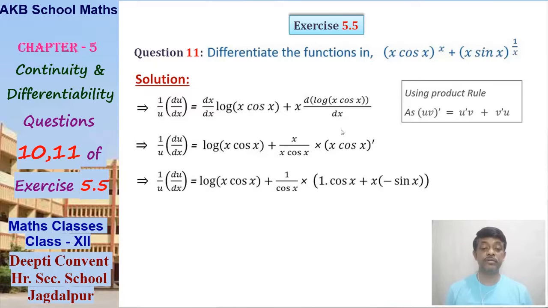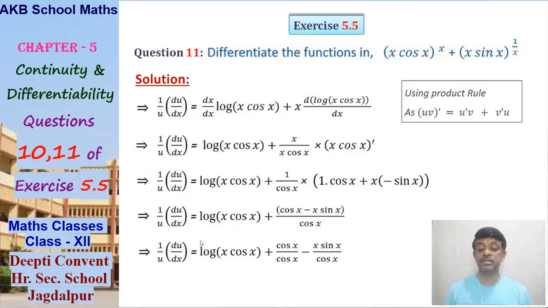Okay. So the derivative of this means product of two functions. The first function is x, the second function cos x. So derivative of x is 1 times cos x, and x times the derivative of cos x, minus sin x. So we get like this, (cos x minus x sin x) upon cos x, and here log (x cos x). The left hand side is the same, x log (x cos x) stays.